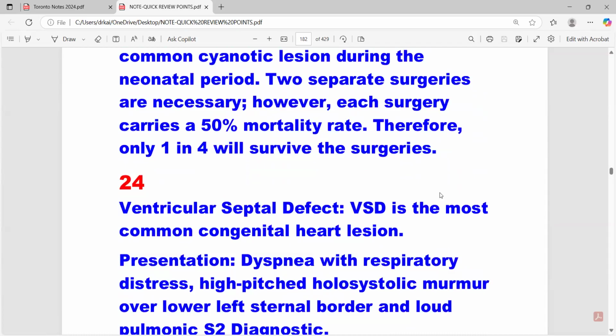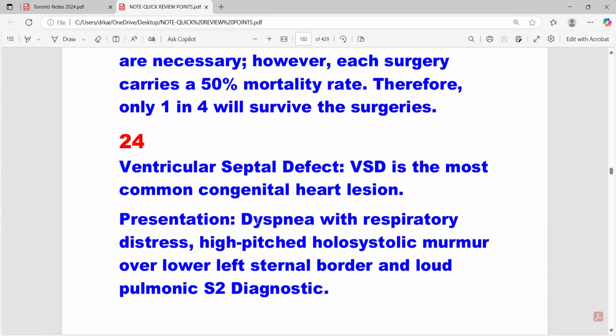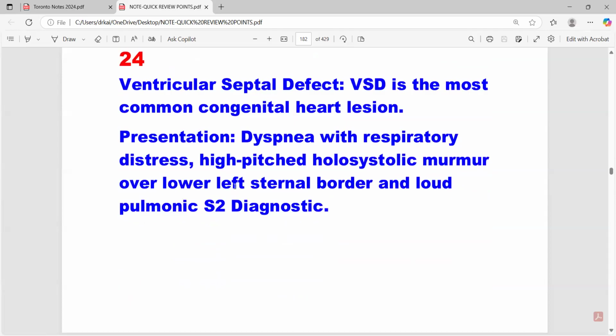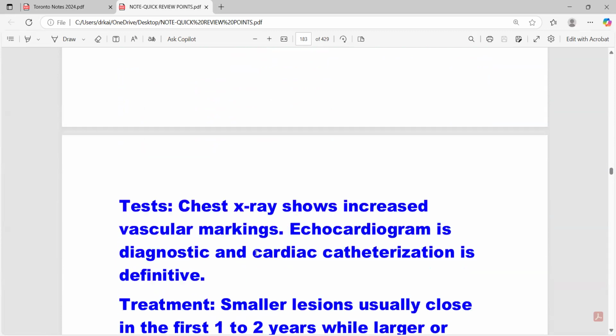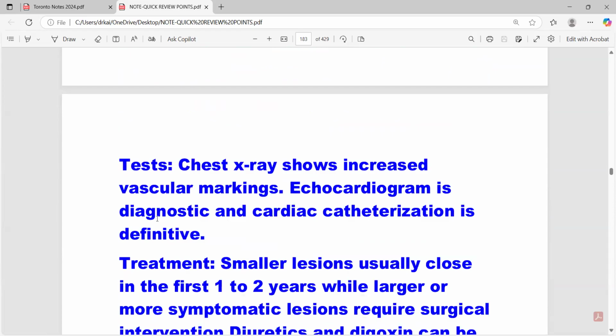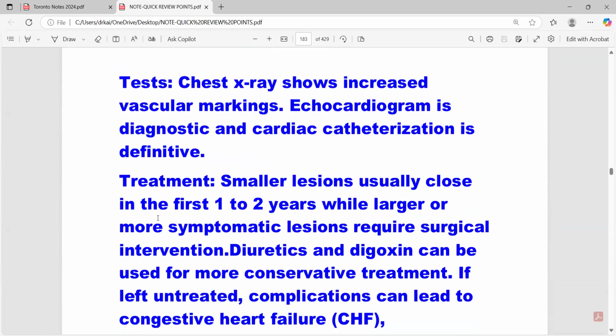Then the ventricular septal defect is the most common congenital anomaly. That's why I think you should at least read this one. Dyspnea with respiratory distress, a high-pitched holosystolic murmur on the lower left sternal border, and a loud pulmonic S2. Diagnostic test: chest X-ray shows increased vascular markings, echocardiogram is diagnostic, and cardiac catheterization is definitive.